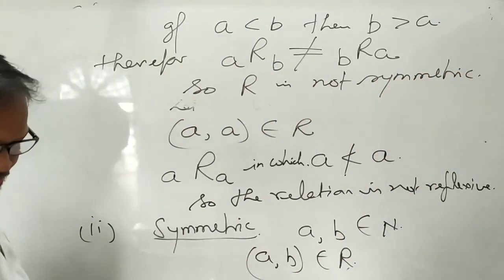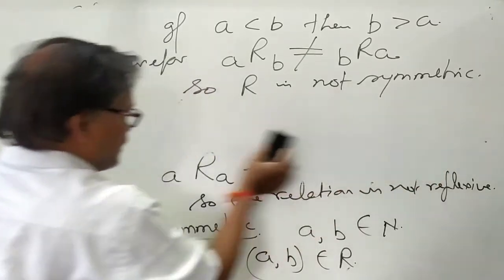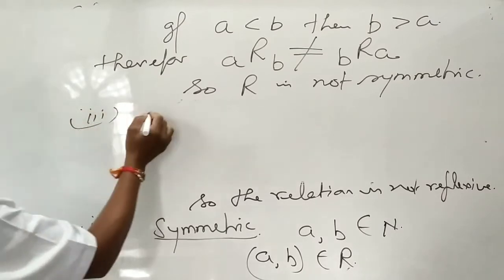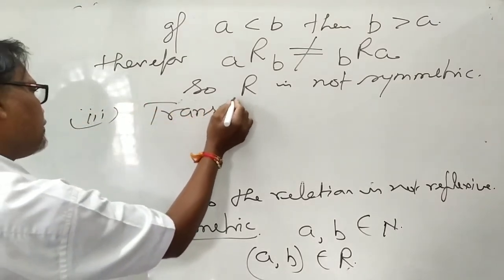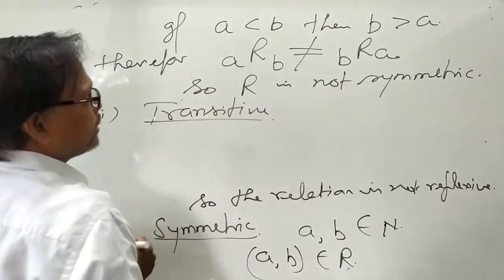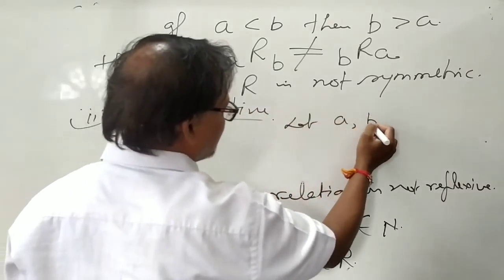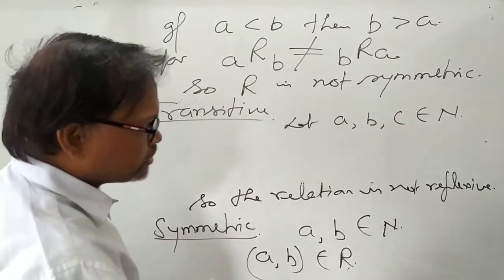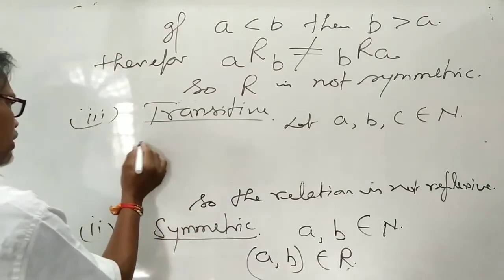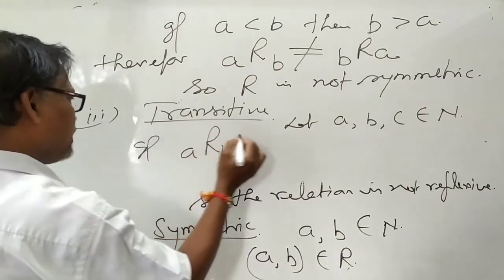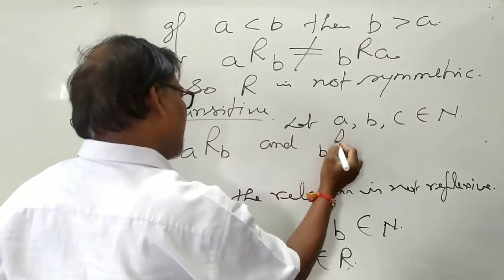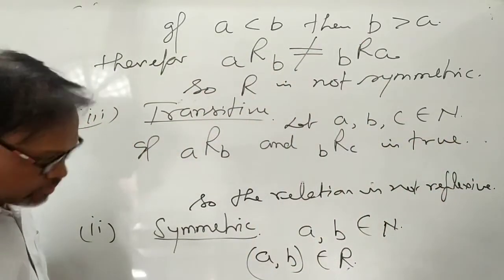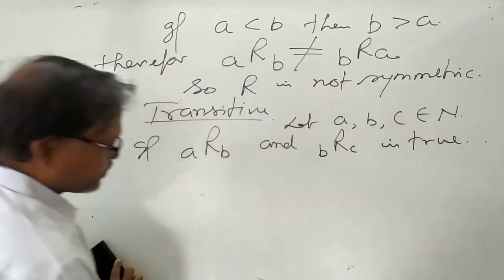ये सिमेट्रिक भी नहीं है. अब हमें एक लास्ट देखना है कि क्या ये ट्रांजिटिव है. Third, transitive. Let a, b, c belong to N. मतलब ये एलिमेंट्स लिए and then check if (a, b) and (b, c) are true. मतलब ये according to condition true है.